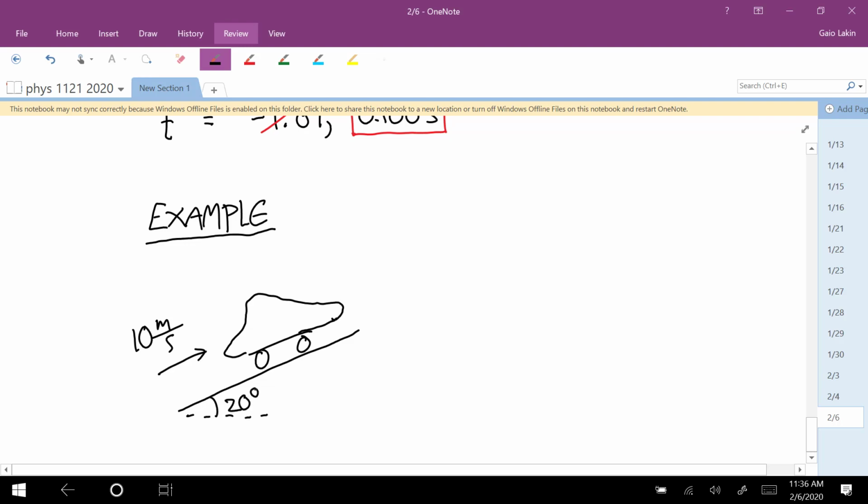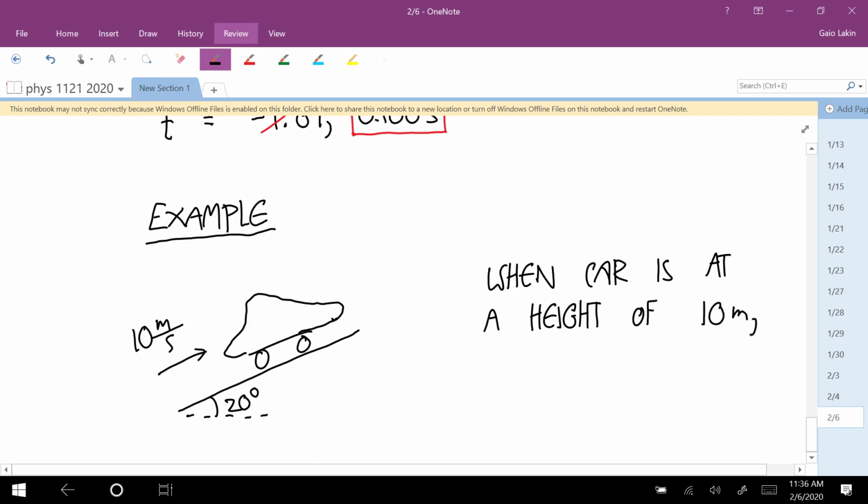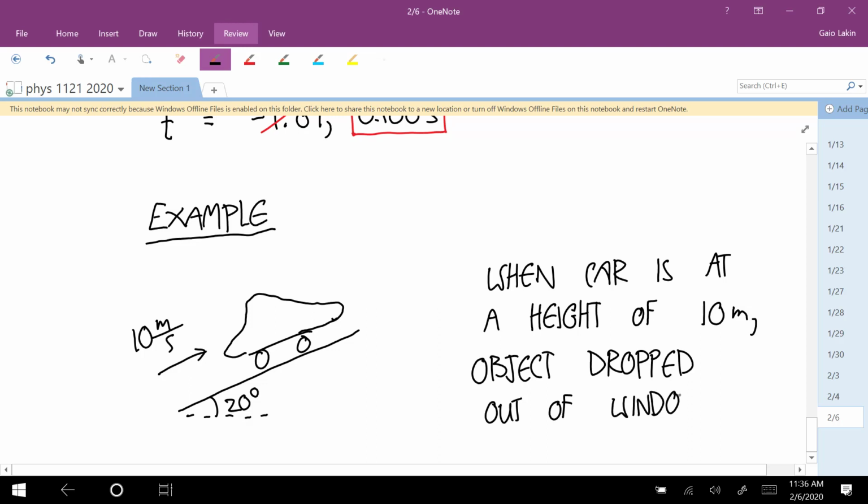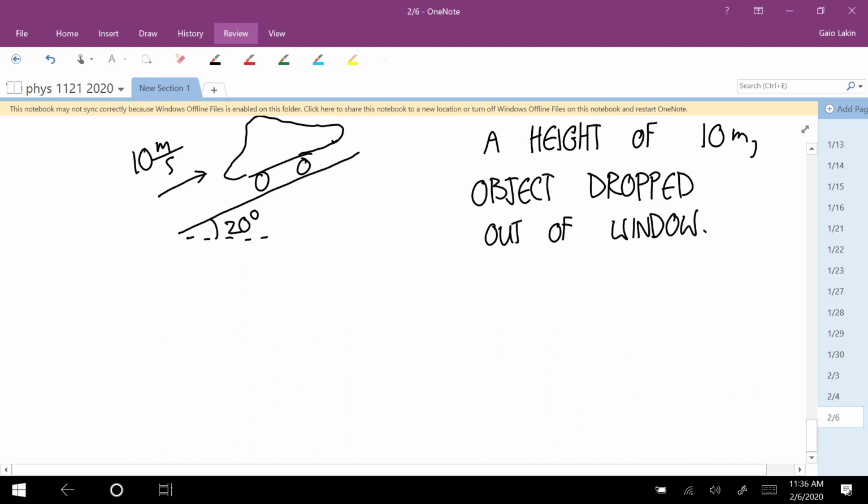That's a pretty steep hill. And when the car is at a height of 10 meters, an object is dropped out of the window. What's the greatest height the object reaches?